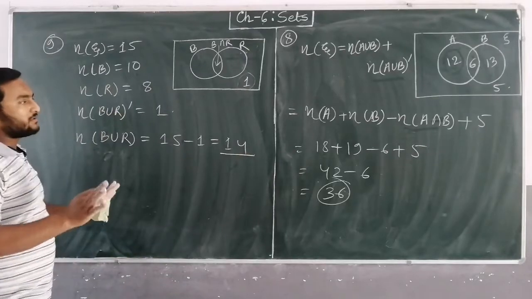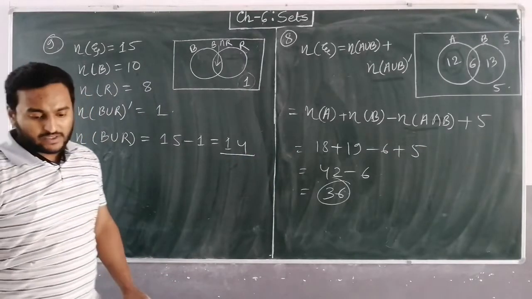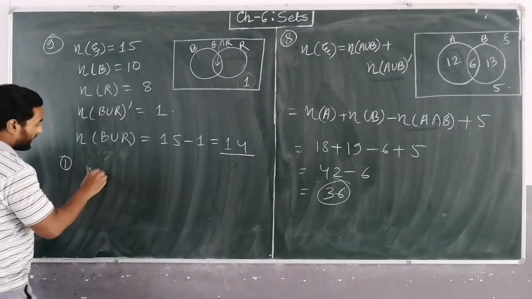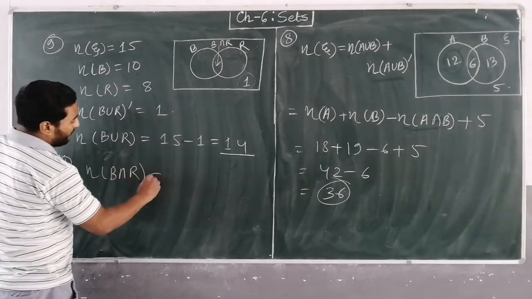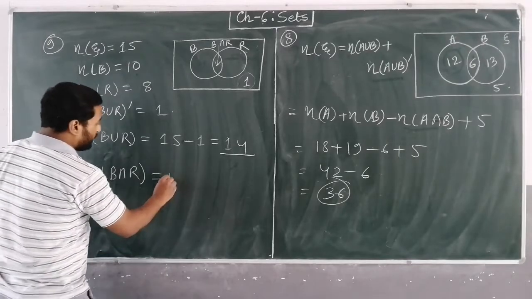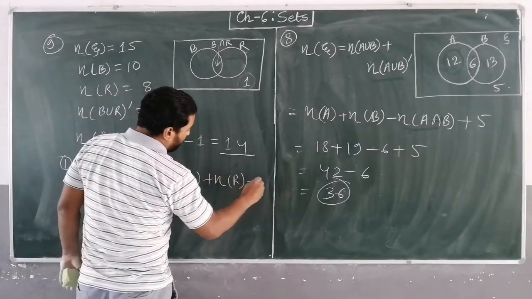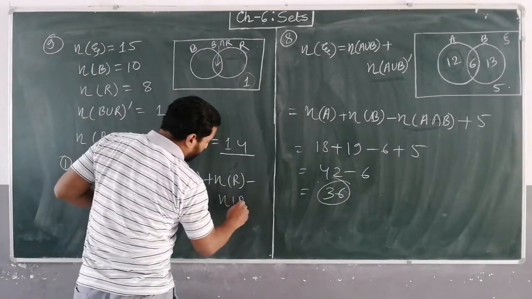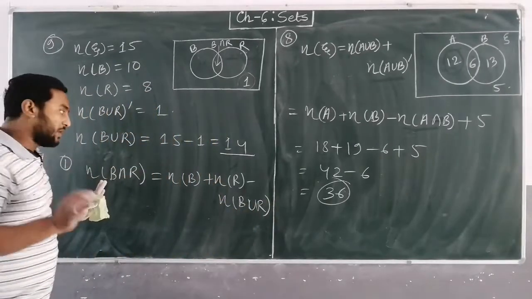So what you have to find now? First, you have to find both the items, so N of B intersection R. We know the relation that N of B intersection R equals N of B plus N of R minus N of B union R. This is the relation we have derived already.